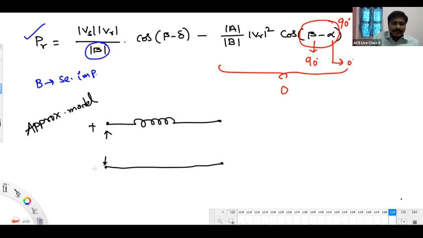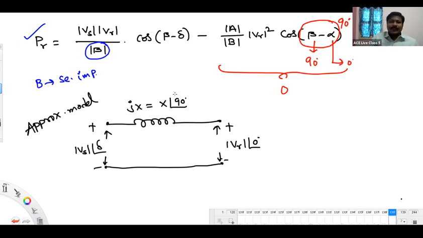And this is the sending end side. We have mod Vs at an angle delta. And this was the receiving end side, mod Vr at an angle 0. And this is jX. You can say it is X at an angle 90 degrees.